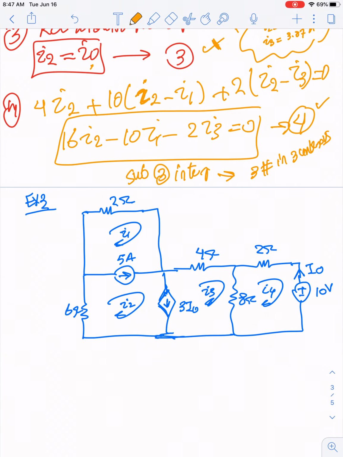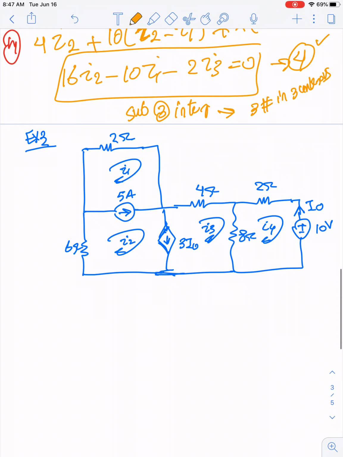Okay, so the last example here that we have for this question, we have this circuit. I forgot to write find IO.